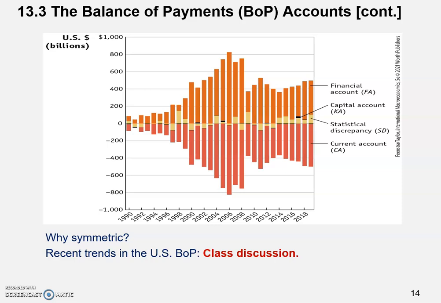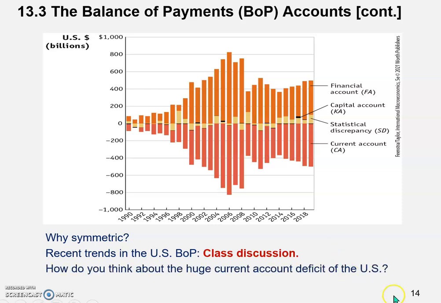Is there any single year or event that affected the trend? You can also think about what this huge current account deficit for the US means. Is that good or bad? In what sense is it good? In what sense is it bad?